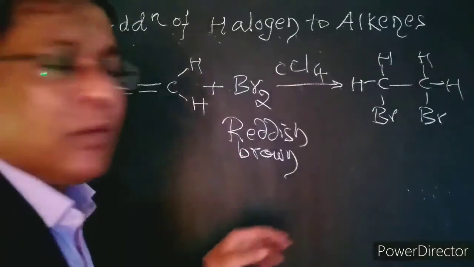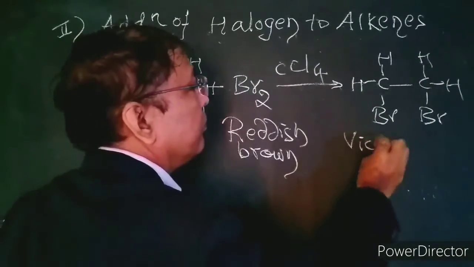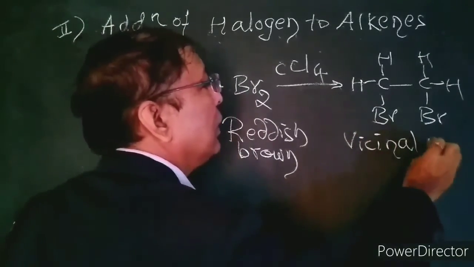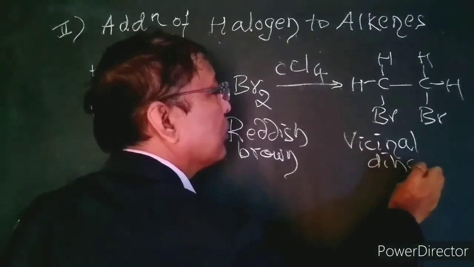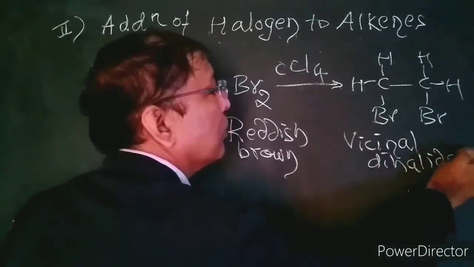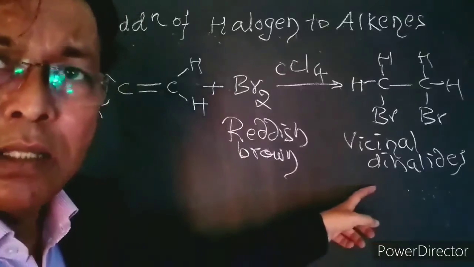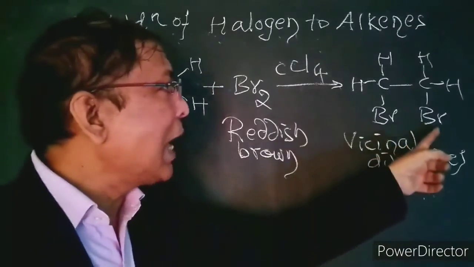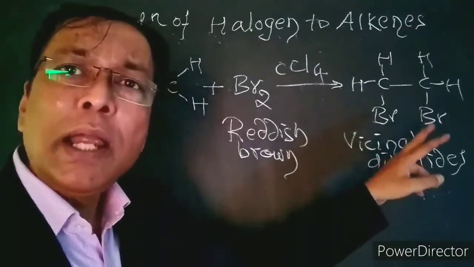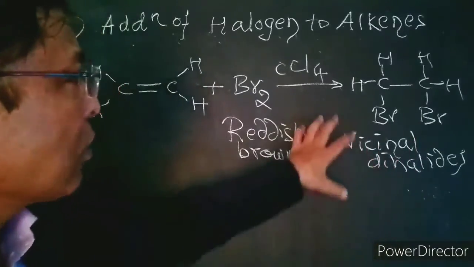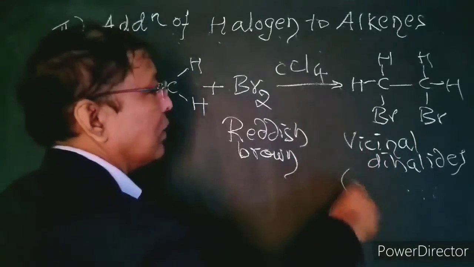What are vicinal dihalides? Vicinal dihalides are nothing but compounds where two same halogen atoms are present on adjacent carbon atoms. What is the IUPAC name?